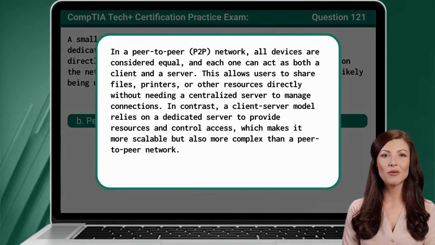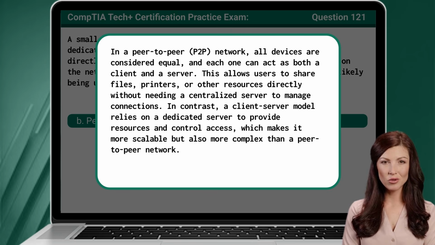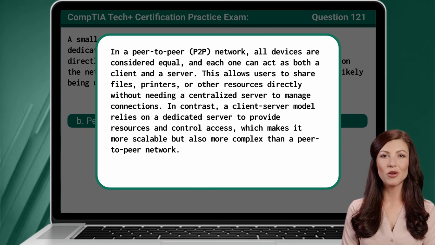In a peer-to-peer network, all devices are considered equal, and each one can act as both a client and a server. This allows users to share files, printers, or other resources directly without needing a centralized server to manage connections. In contrast, a client-server model relies on a dedicated server to provide resources and control access, which makes it more scalable but also more complex than a peer-to-peer network.